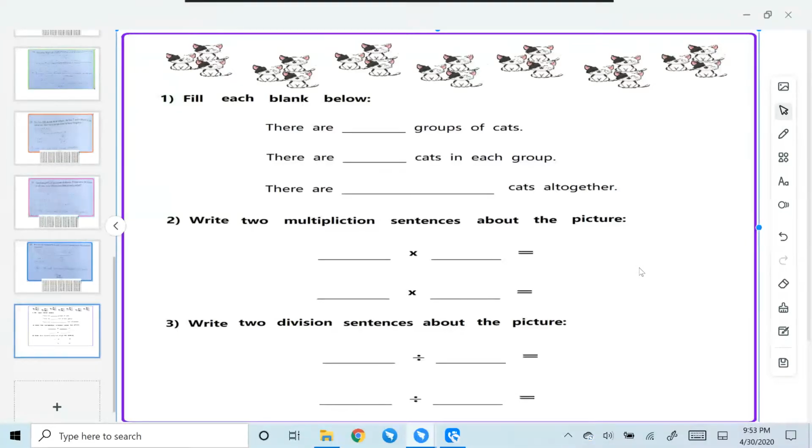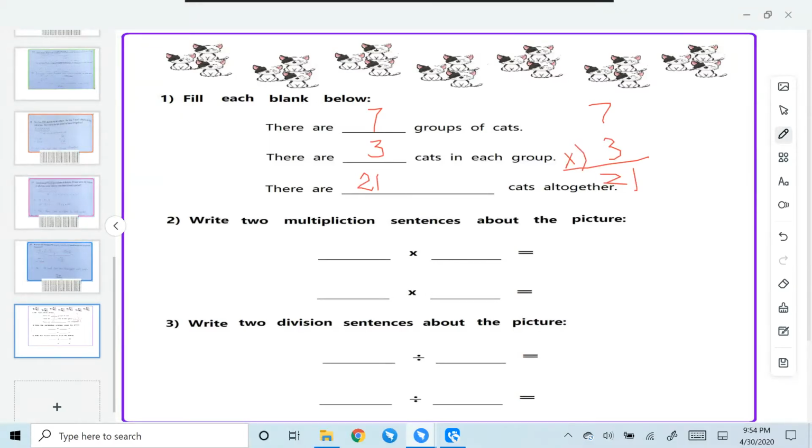There are 1, 2, 3, 4, 5, 6, 7 groups of cats. There are how many cats in each group? 1, 2, 3. There are 3 cats in each group. There are 21 cats altogether, because 7 times 3 equals 21.